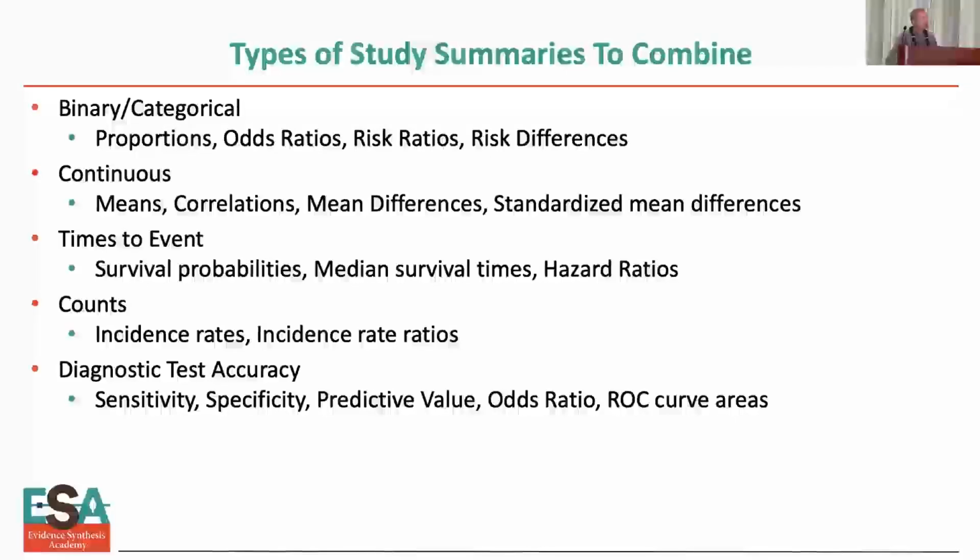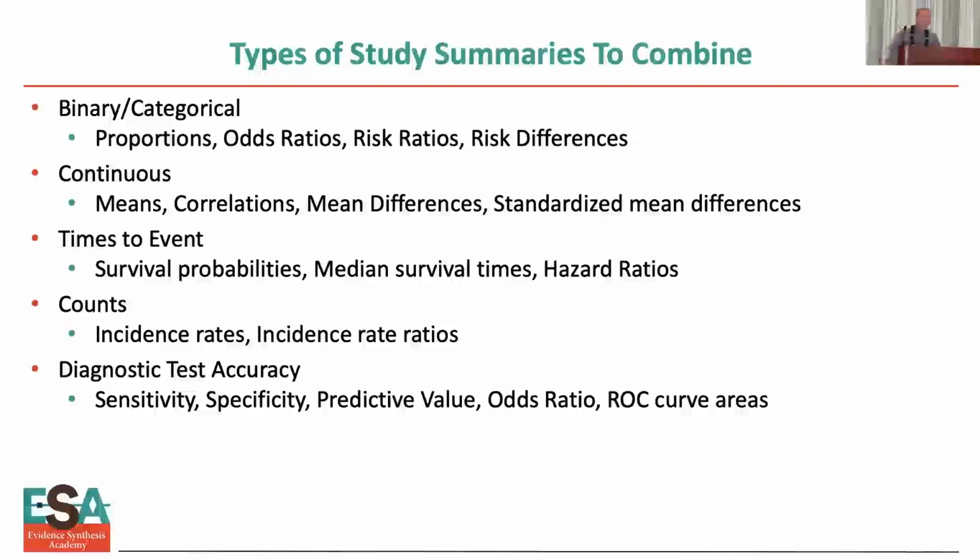If we have continuous outcomes, then we're talking about means, and we would be combining means, or we might have correlations. We have correlational data, or mean differences, or standardized mean differences. Again, I'll say more about these tomorrow. If the outcome is a time to event, then we might be combining survival probabilities, median survival times, or hazard ratios.